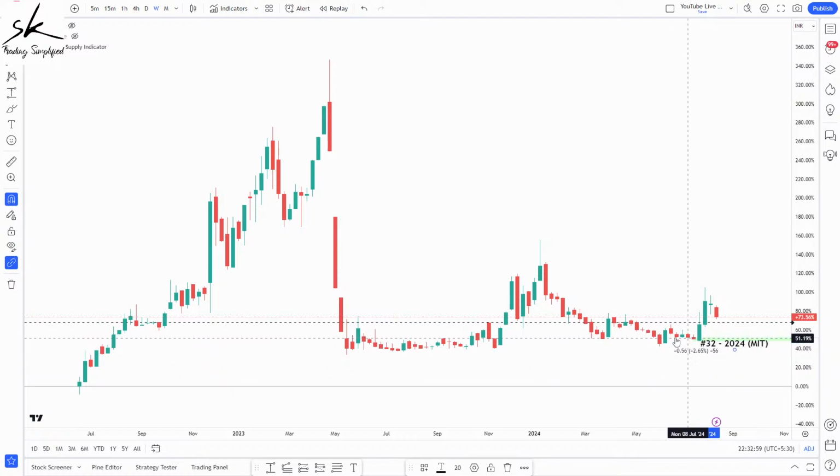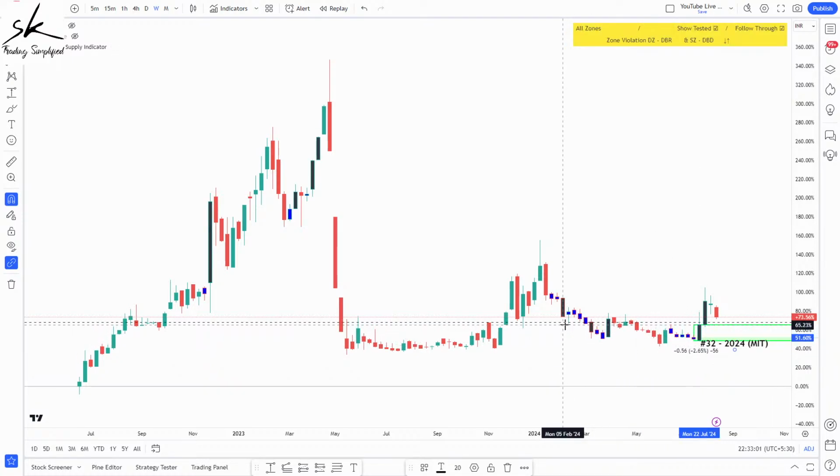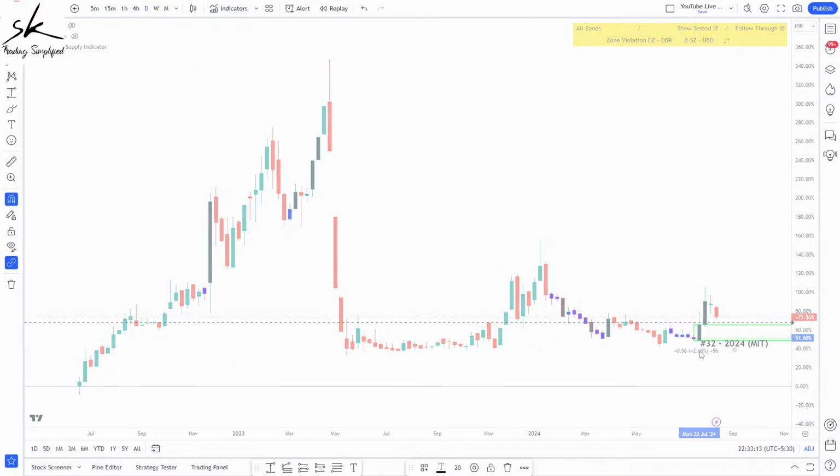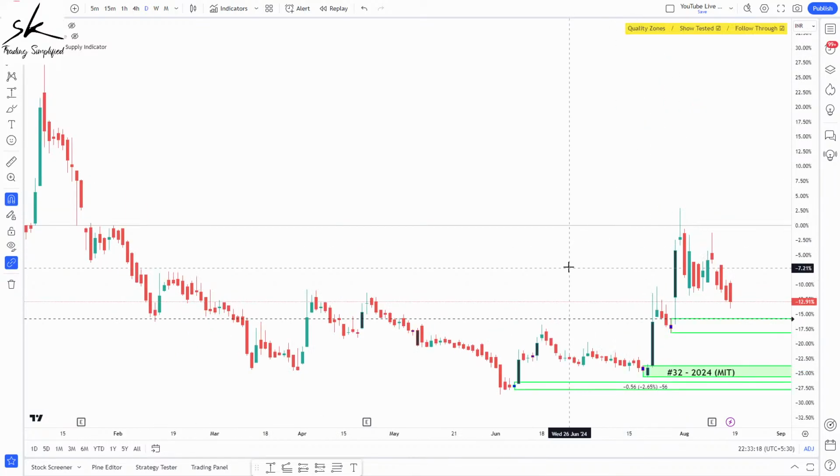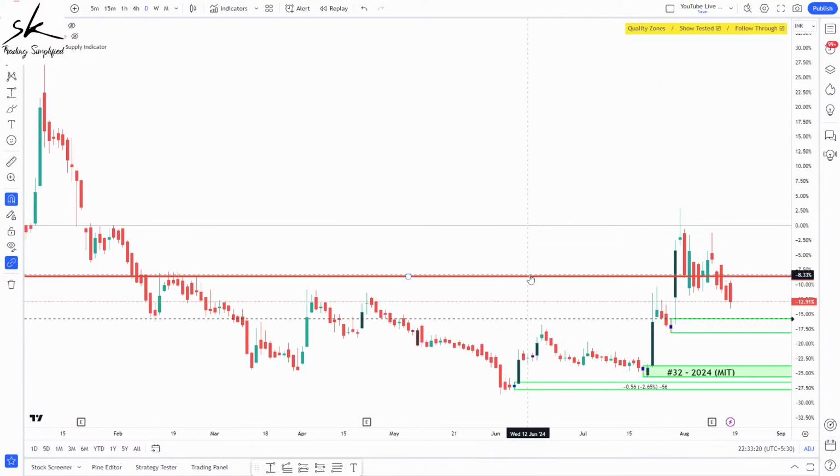You can see this is also my weekly zone, and I have said this many times that I like to be a little conservative trader, and because of that, I would prefer to go with a higher time frame zone when the two zones are pretty close by, versus going with the lower time frame zone.